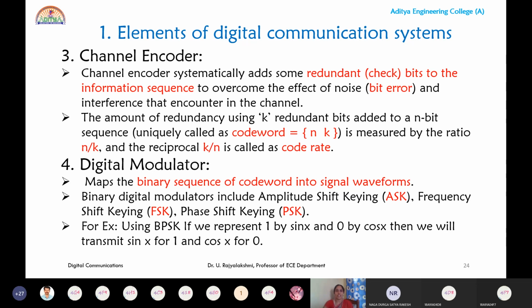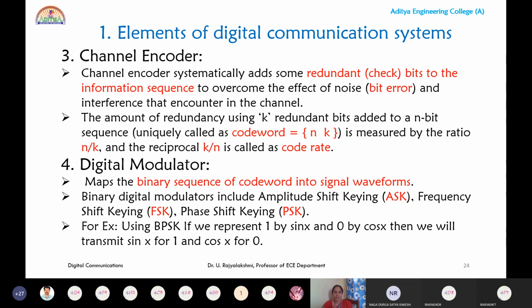So the conclusion here is that the sequence of code words is always converted into signal waveforms. For example, in binary phase shift keying, the phase will vary.